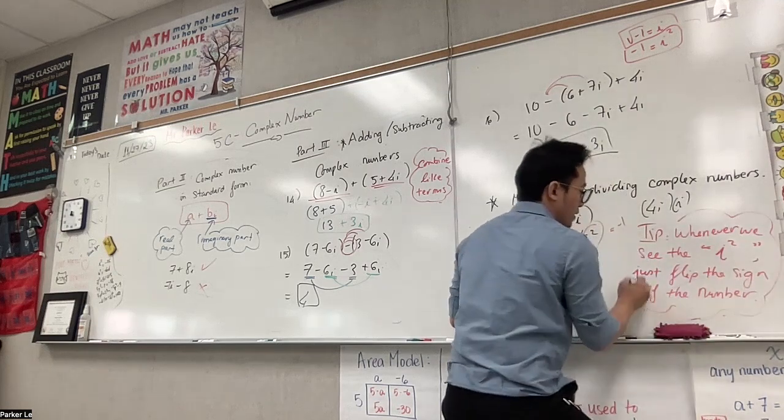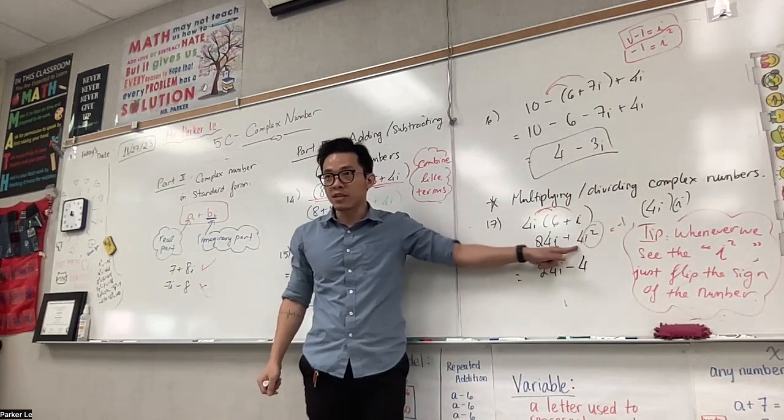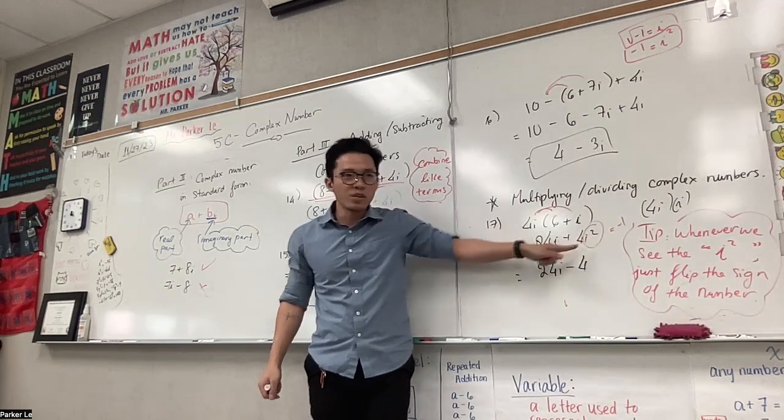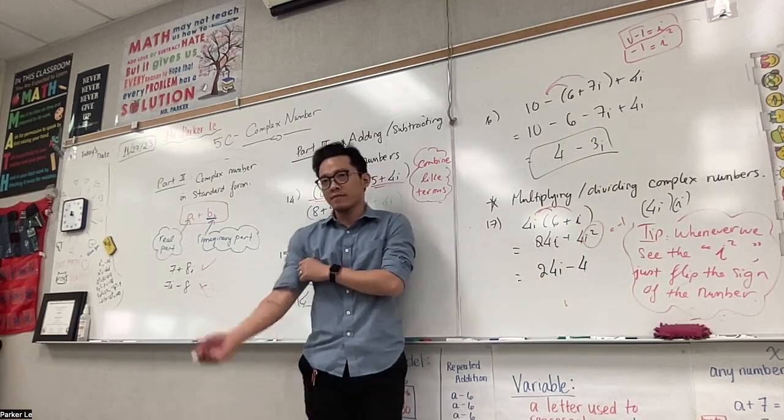For example, you have positive 4. If you see the i squared, you just let it become negative 4 and the i squared is gone. That's a tip. That's faster.